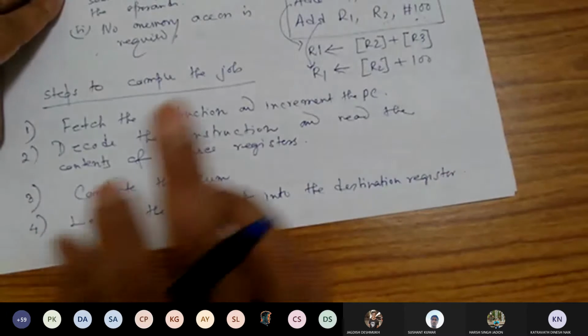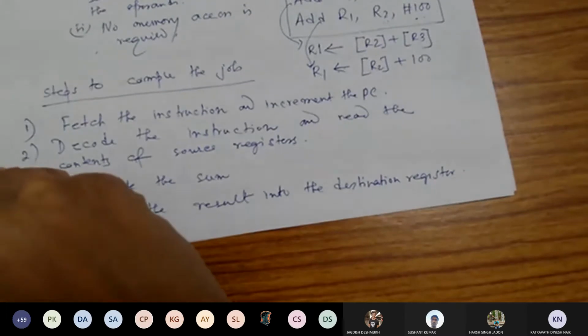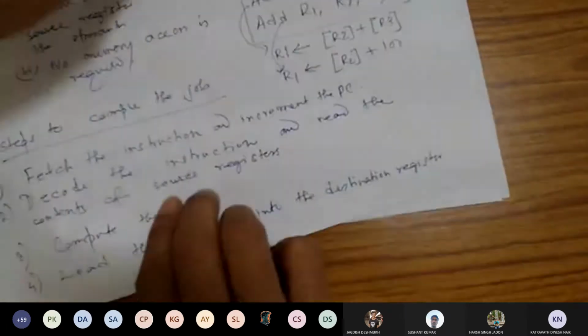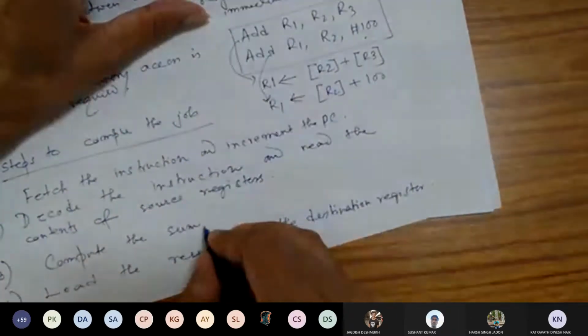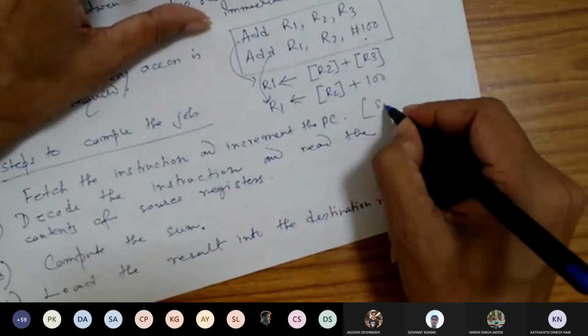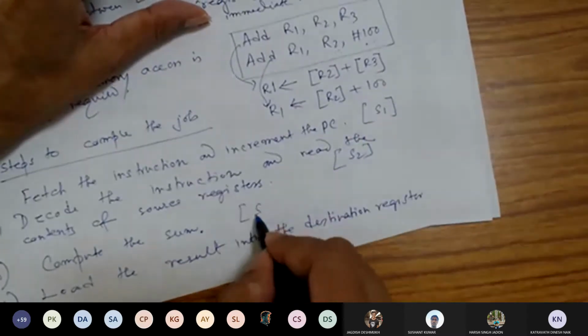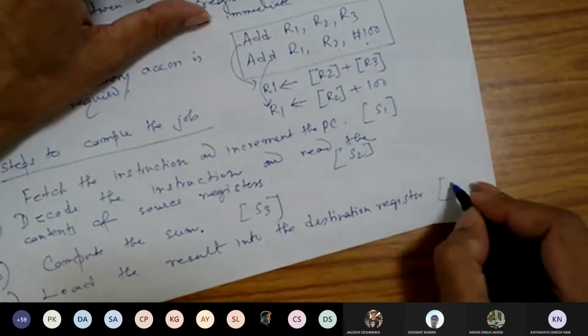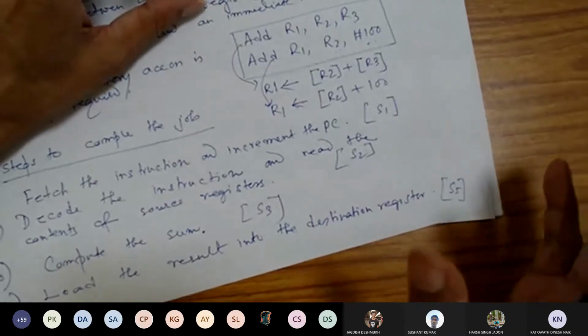However, we are going for a generic design. We have decided that in the previous case we require 5 stages, 1 2 3 4 5. In this case we require 4. So this is stage 1, this is stage 2, this is stage 3, this is stage 5. Where is stage 4? Stage 4 is not needed.